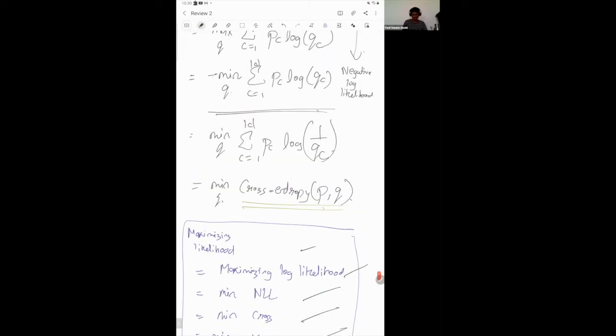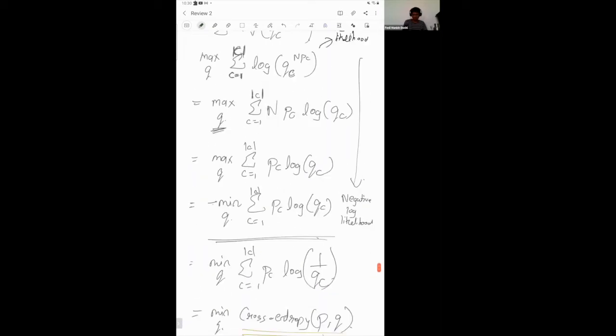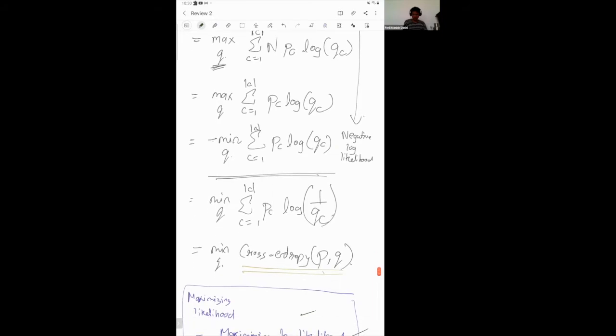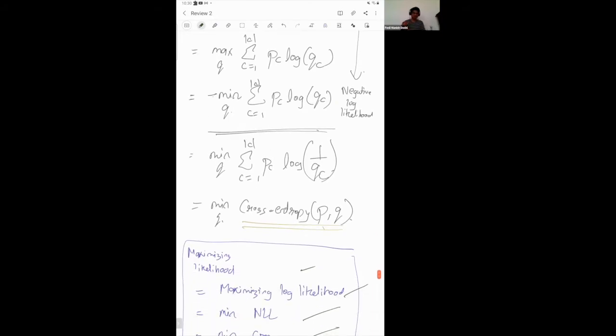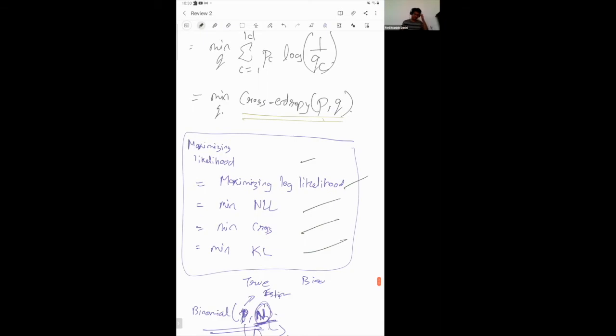That's why these simple formulas that we use in all of our classification and multi-class classification, the cross entropy loss, all of these stem from this theory. So I'm assuming no doubts, everything was clear.